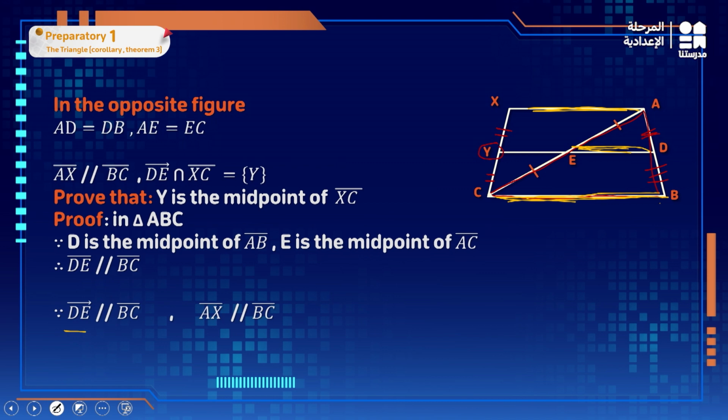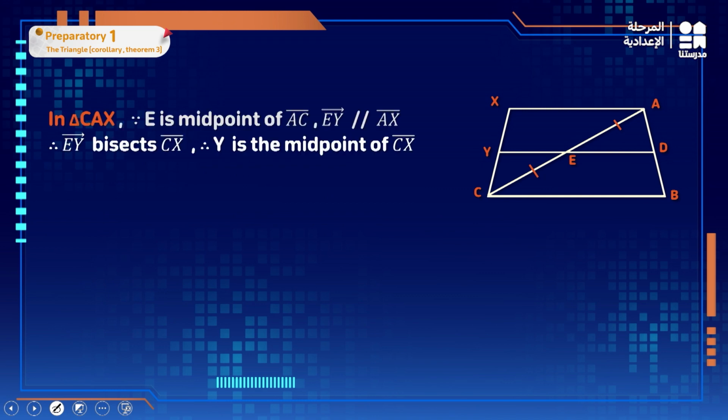So the three sides are parallel. Therefore, here we have a common, BC and BC. So therefore, DE is parallel to AX.